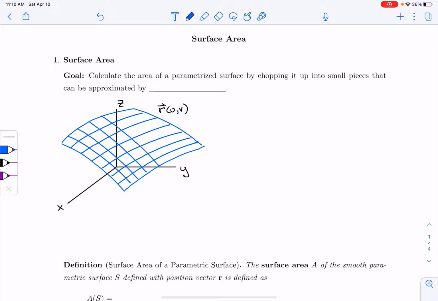And then hopefully, as you see these regions getting subdivided, you can see that each smaller patch looks like a parallelogram.